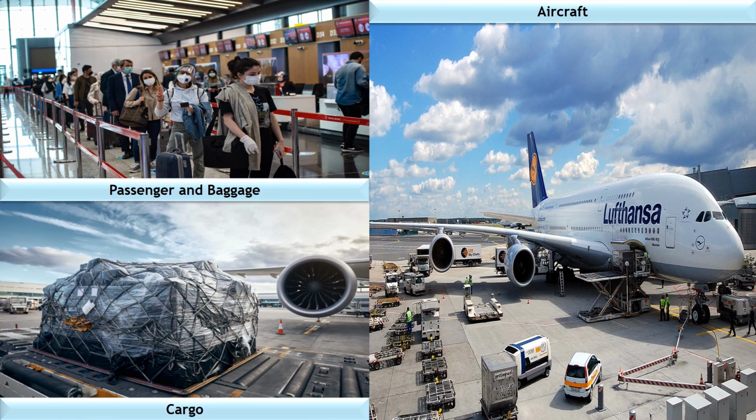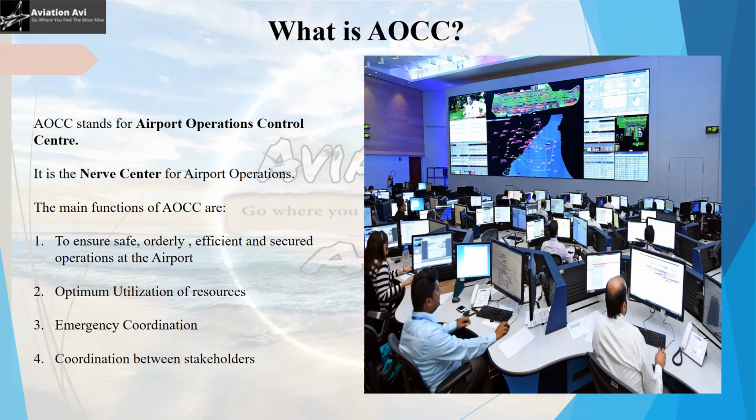There are basically four entities that are moving to and from an airport, which are the passengers, their baggage, cargo and aircraft. It is the responsibility of AOCC to maintain safe, orderly, efficient and secure movement of these entities to and from an airport. The next responsibility of AOCC is to ensure optimum utilization of resources.